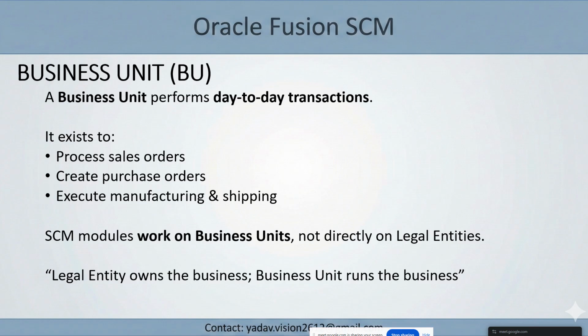If you're dealing with a customer and shipping goods to the customer, there will be an external partner. Wherever you are interacting with a third party, outside your organization, all those transactions get stored at the business unit level. This part you need to remember. Okay, clear team?